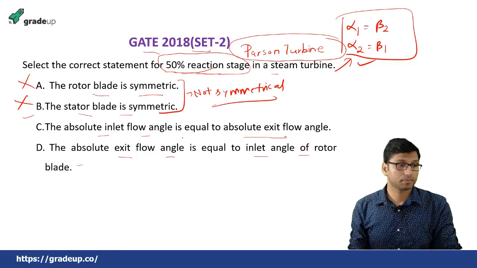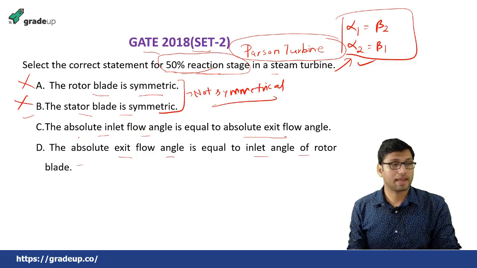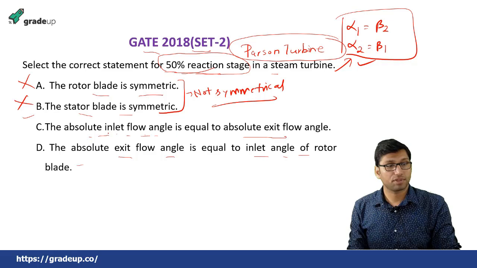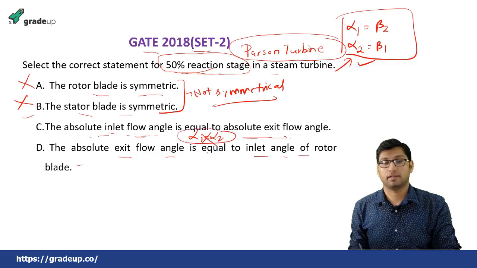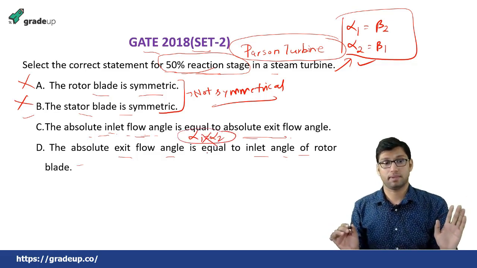Now the next two options: absolute inlet flow angle is equal to absolute exit flow angle. This option is not correct because here both the absolute inlet flow angle and absolute exit flow angle are given, that means alpha 1 is equal to alpha 2. This is not correct for a reaction turbine.